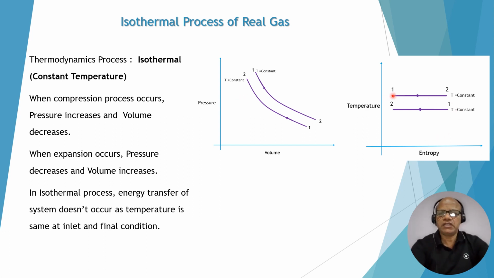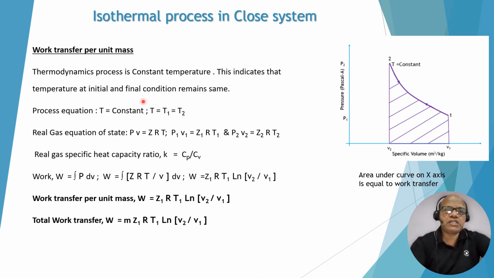Similarly, on the TS diagram, you can see the temperature-entropy diagram. In an isothermal process, energy transfer doesn't occur because the temperature is the same. Inlet and outlet temperature remain the same. Work transfer for the closed system on the PV diagram is shown as the area under the curve on the x-axis, equal to the work transfer, and the work transfer can be derived.